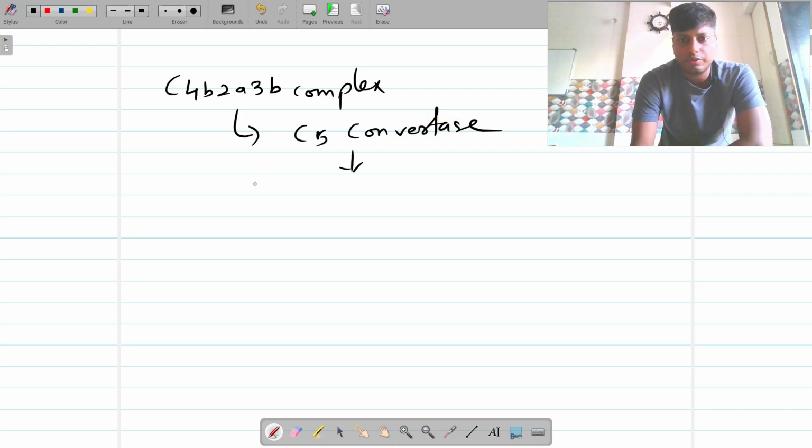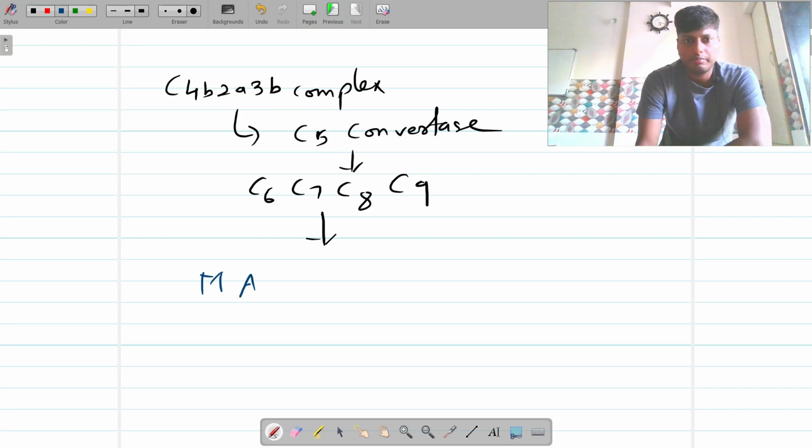So this particular convertase, along with the other molecules like C6, C7, C8 and C9, forms a complex which is called the membrane attack complex.